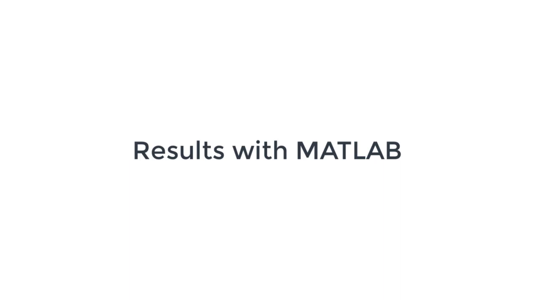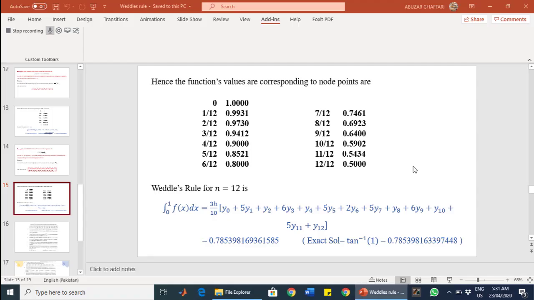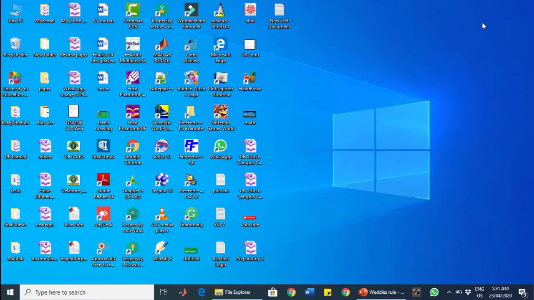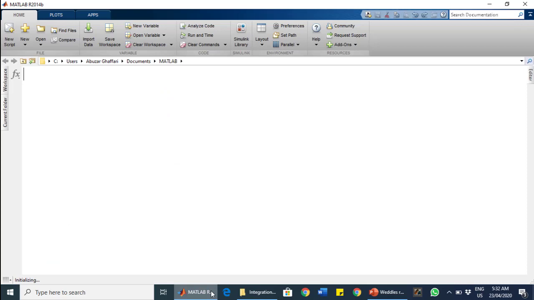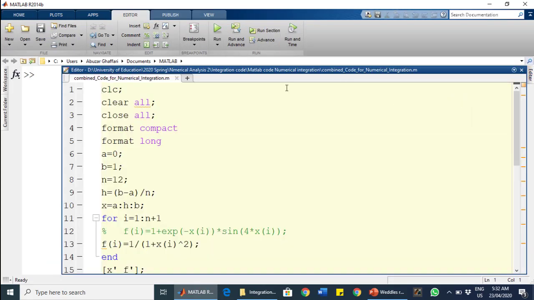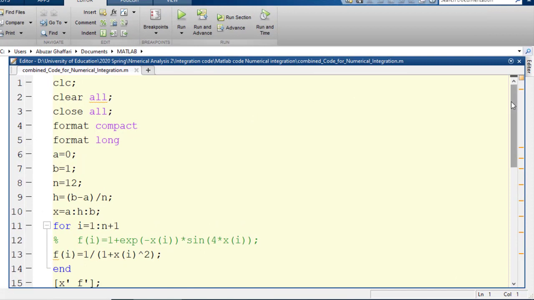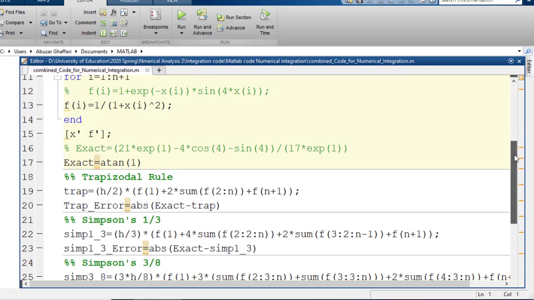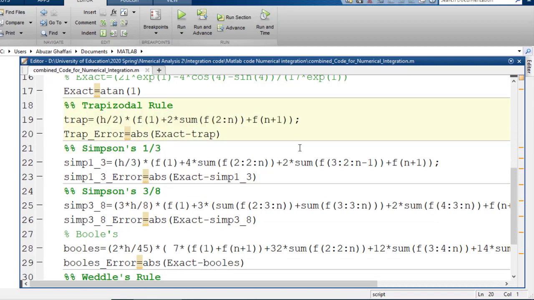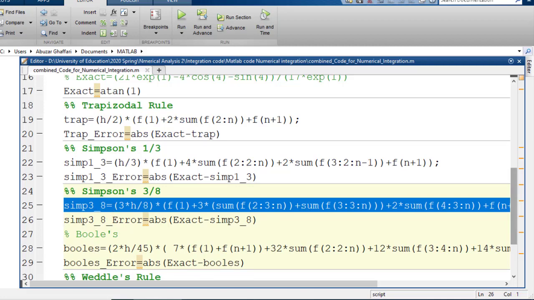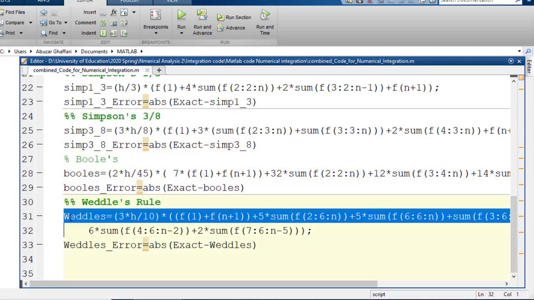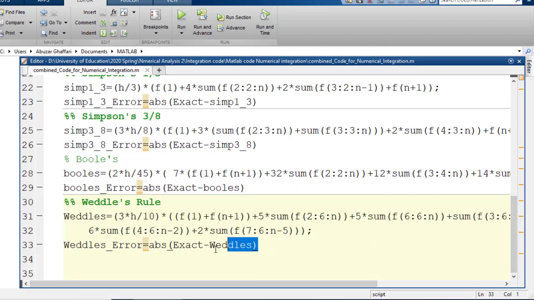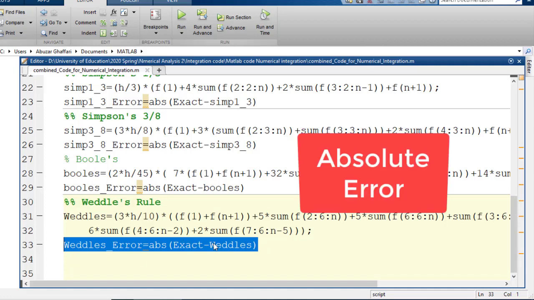A MATLAB program. So this is the MATLAB program for the numerical integration, and here at the end you can see this is the formula of the trapezoidal rule, this is the formula of Simpson's 1 by 3 rule, this is the formula for Simpson's 3 by 8 rule, and similarly for Boole's rule, and at the end here is the formula for Weddle's rule. In the second line I wrote an expression for the error between the exact and Weddle's rule.